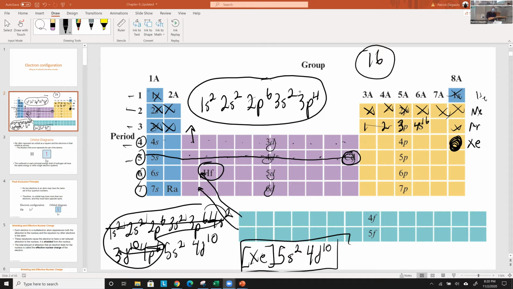Outer shell means the highest energy level. So out of all of these electrons in cadmium, how many valence electrons does it have?